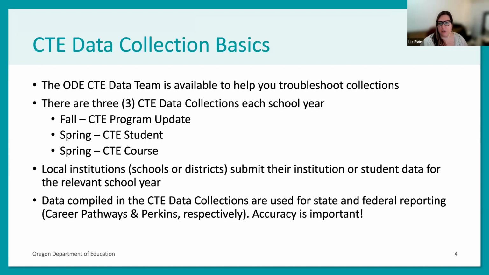So every year, local institutions, the schools or the districts, submit their student and institution data for that school year, the relevant school year. And then these data are compiled into the CTE data collections, and they're used for state and federal funding reporting, such as Perkins or career pathways. And it's important that the data is as accurate as possible because of the uses we have for it.